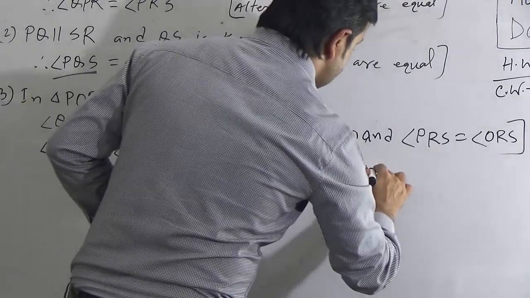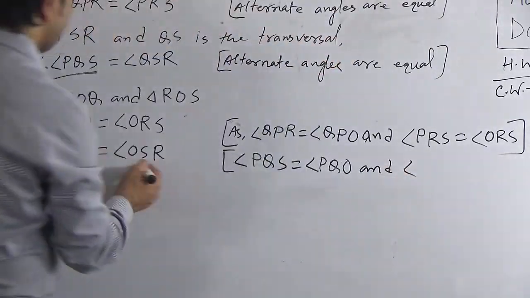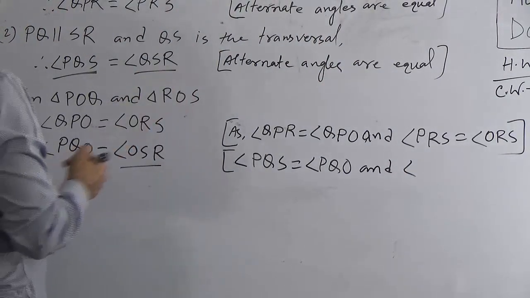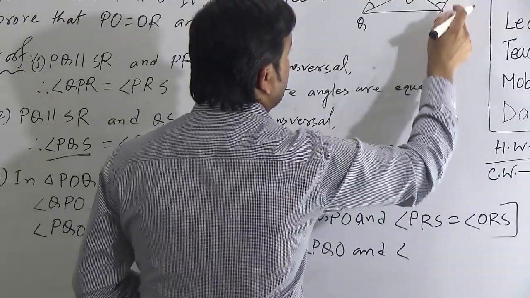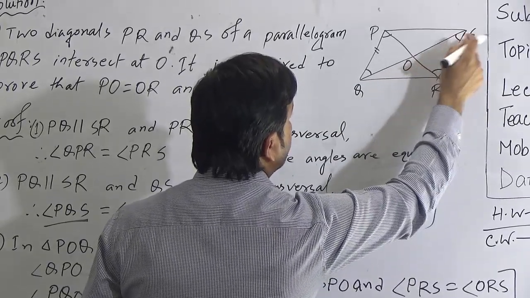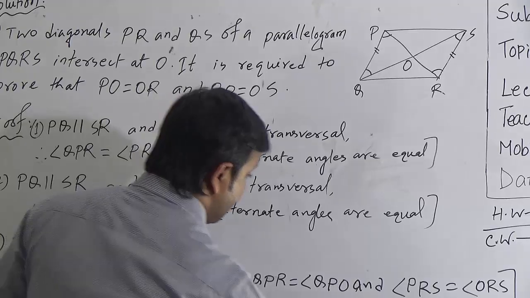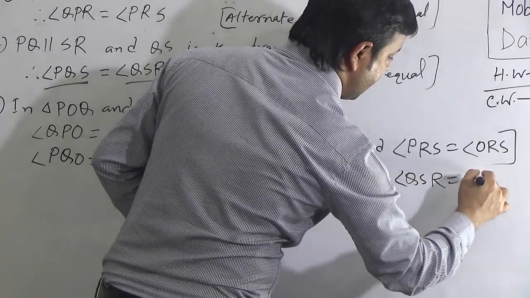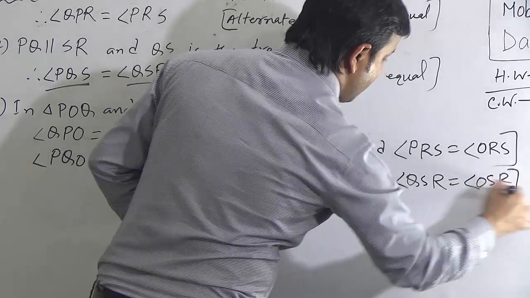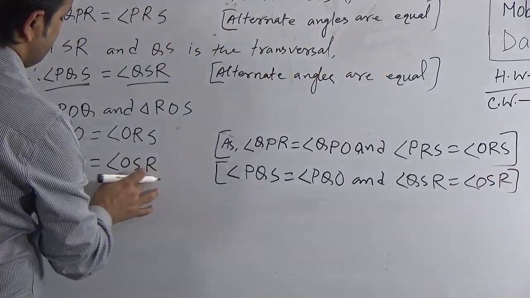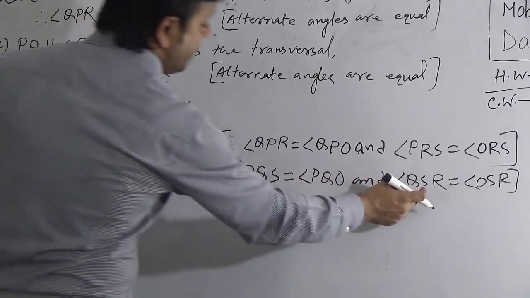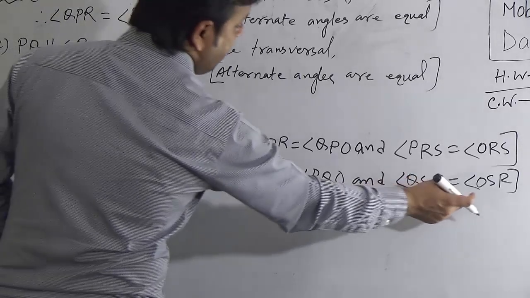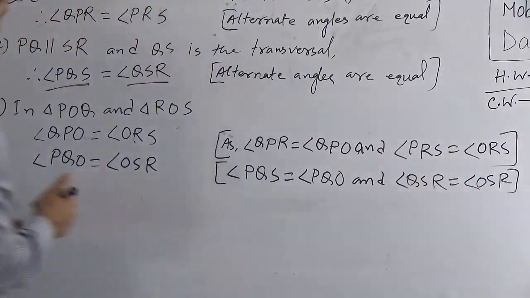And another angle I have written here OSR. That means here is QSR. So we can write angle QSR is equal to angle OSR. As these two angles are equal, so these two must be equal. For this I have written PQO is equal to OSR.